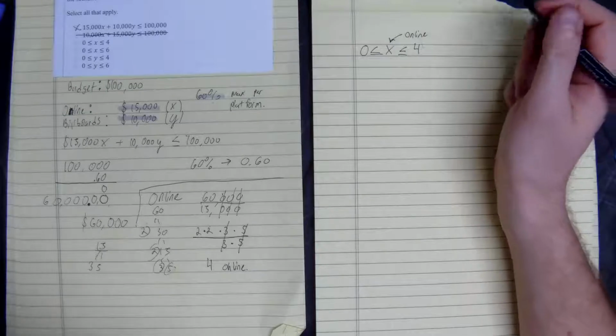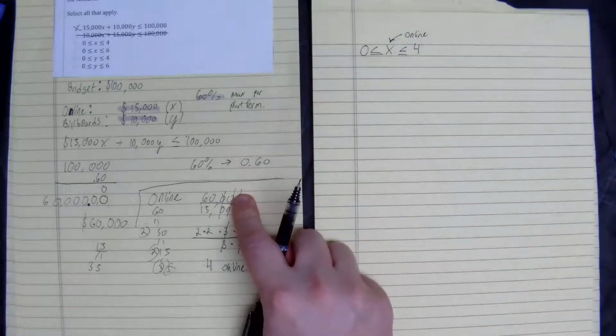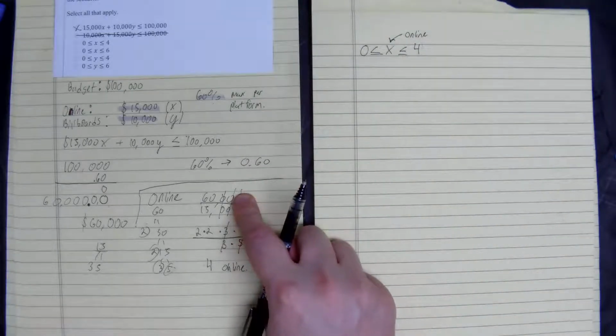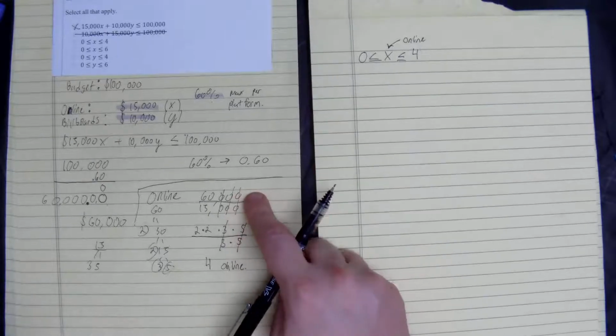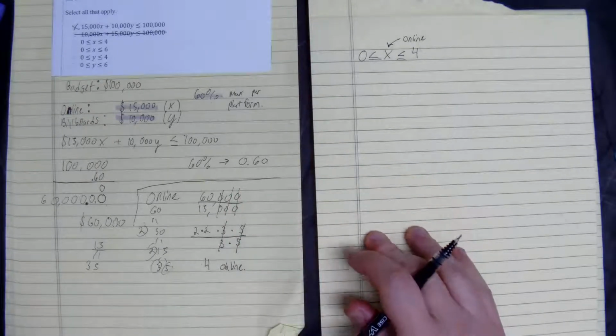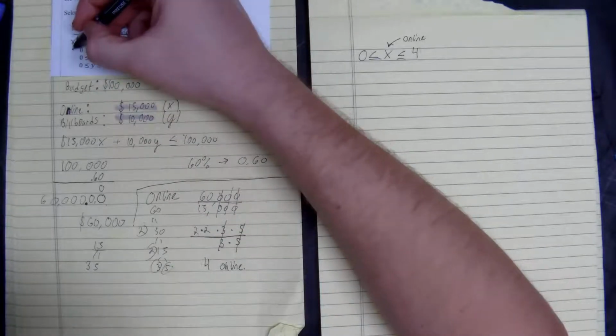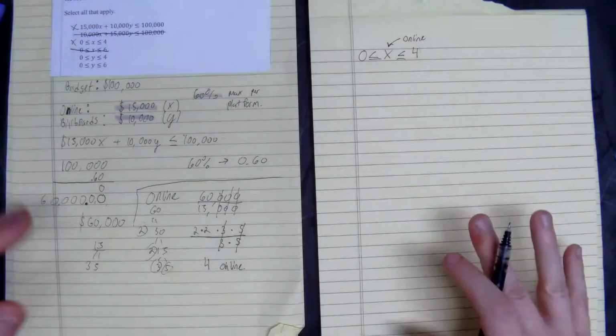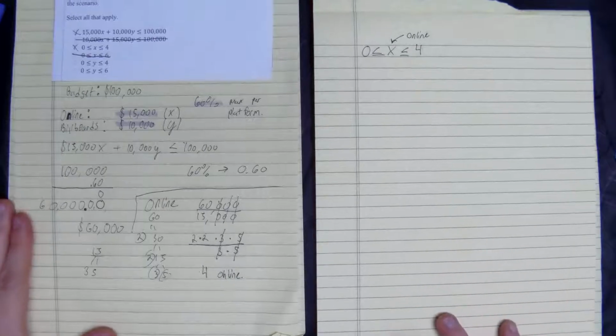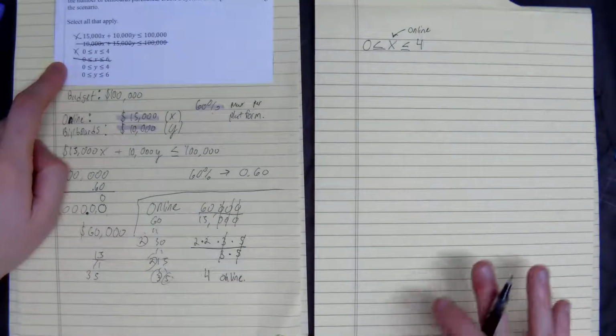That's the max based off the 60% given by the company. This is the max we can buy from online. Let's try it again for the other one, and then we'll be completely finished.